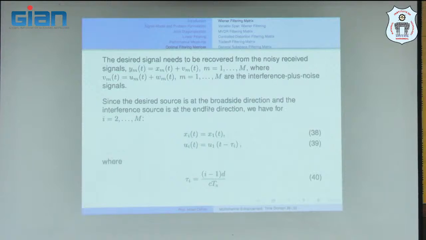So if the interference comes from here, the correlation between samples depends on the delay, how long it takes to propagate from one sensor to another.